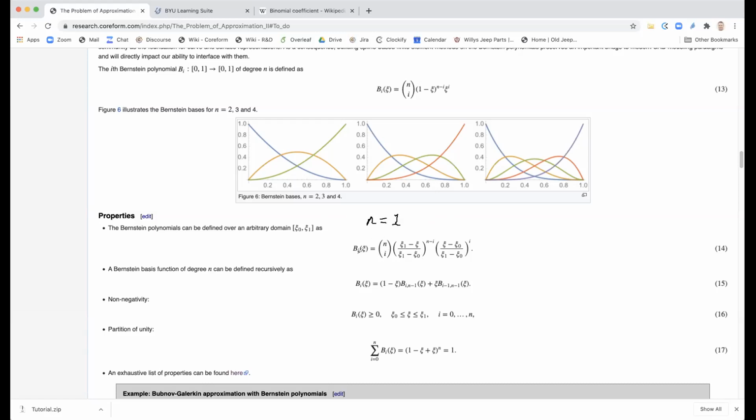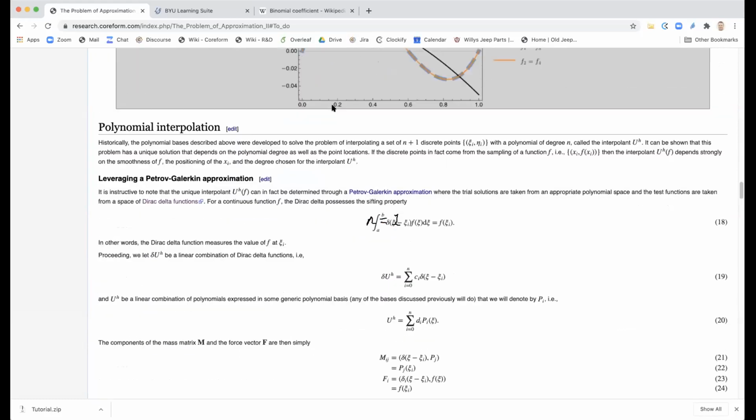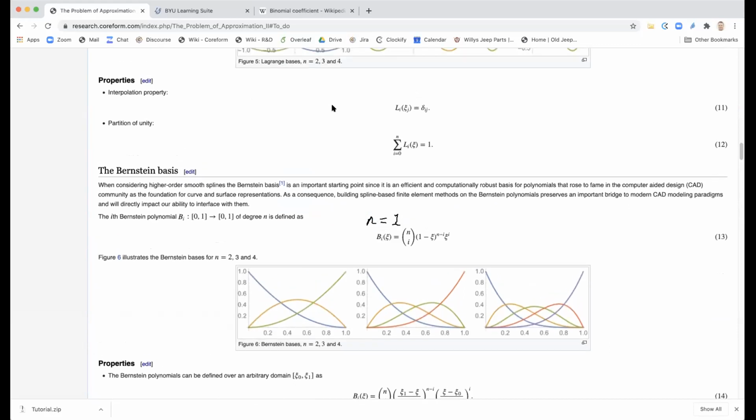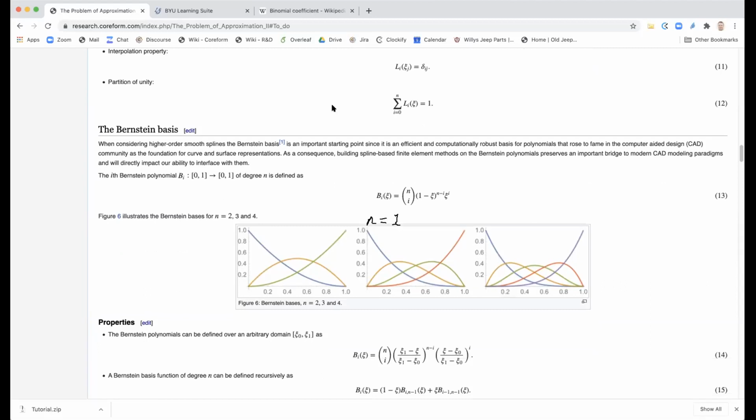So i is going to go from either 0 to n or 1 to n plus 1, right?